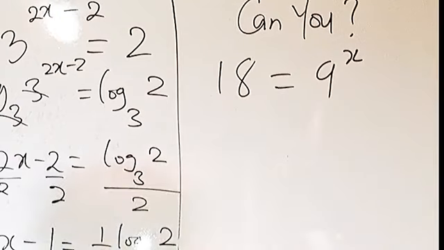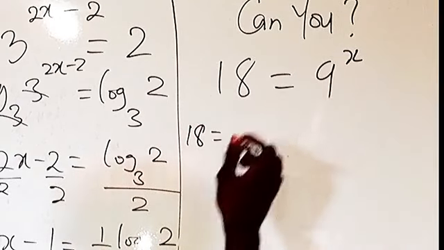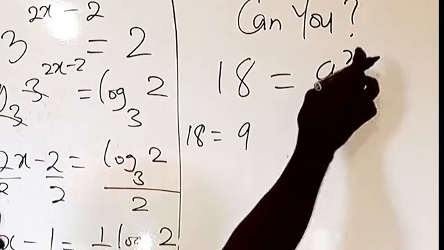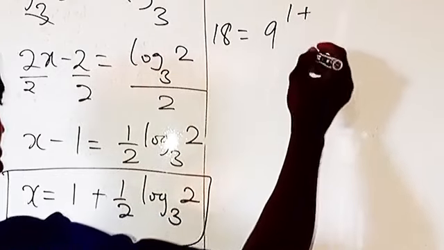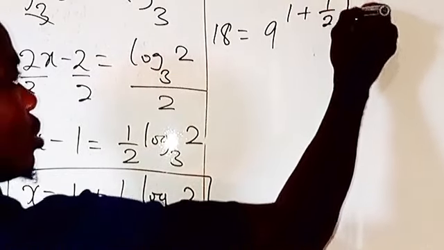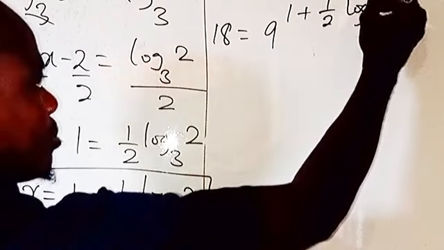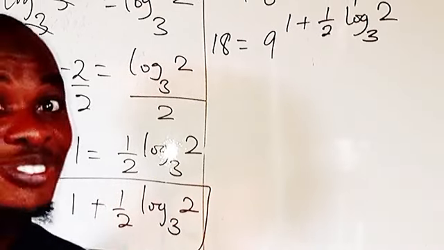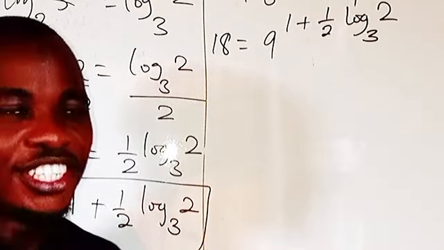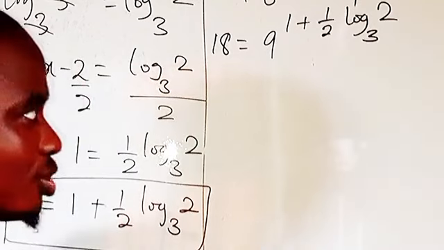Quickly, 18 equals 9, and the x I have is 1 plus 1 over 2 log base 3 of 2. How are we going to do this now? You have to apply the knowledge of logarithm here.